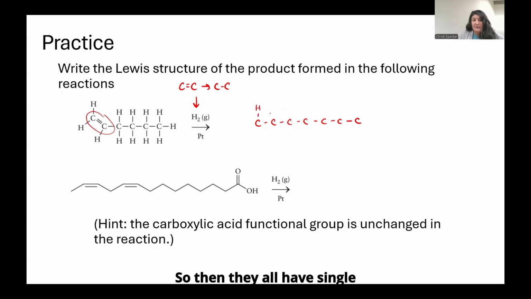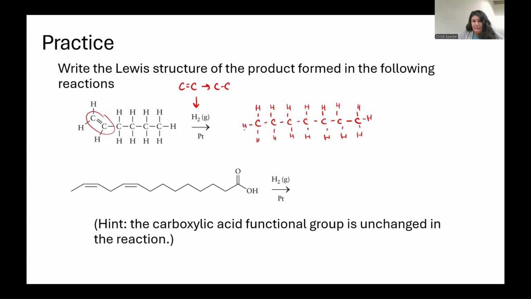They all have single bonds now, and they are all saturated with their hydrogens, because to create this single bond, we add hydrogen to each of these carbons and take out this double bond to create the single bond.